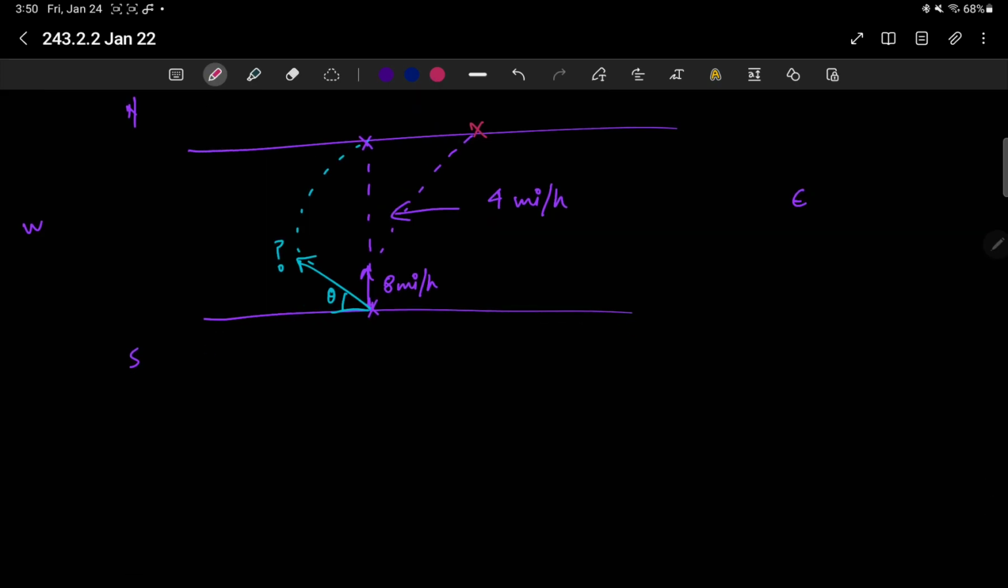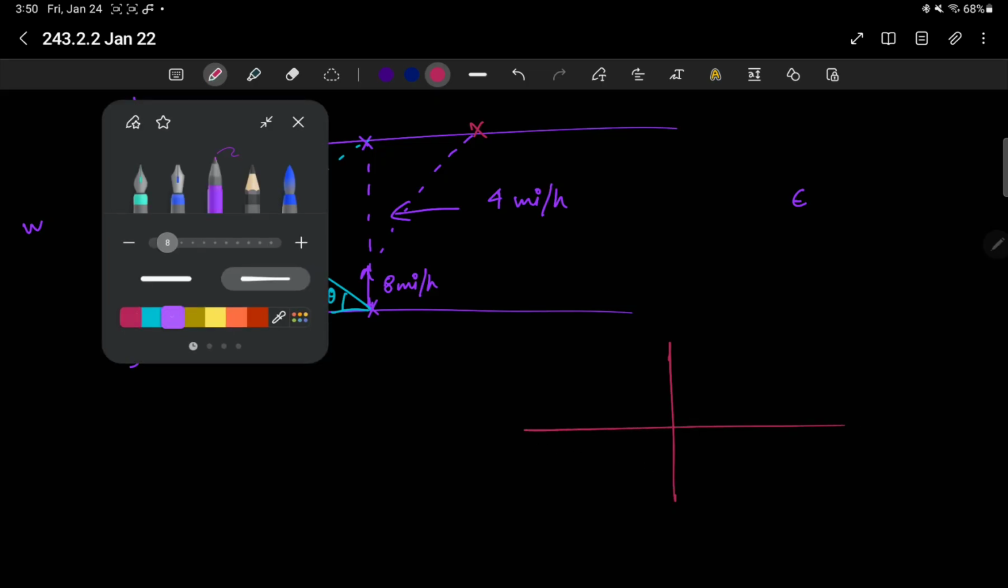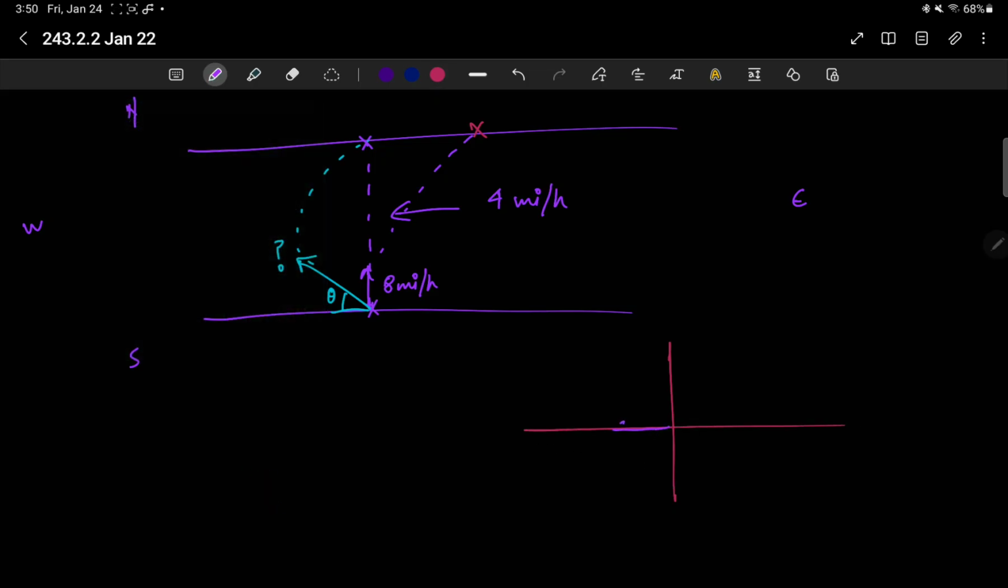So we will do the same thing, which is set up an axis. We know one of the arrows is exactly horizontal, right? That's the speed of the, let's call this VC for current. So that's the current. This current VC is -4 I cap. It has no J component because it's completely horizontal.